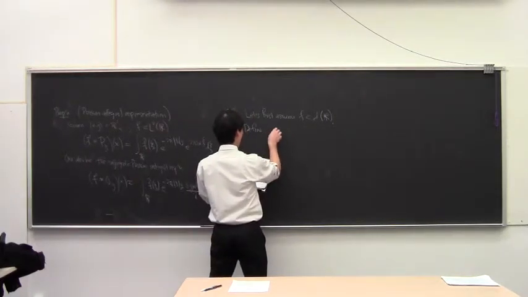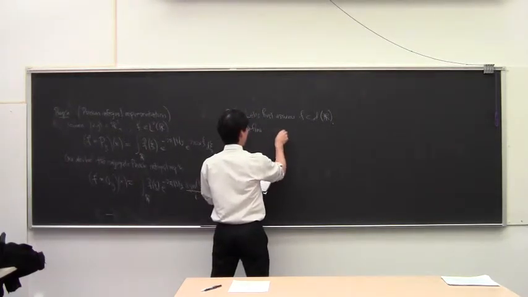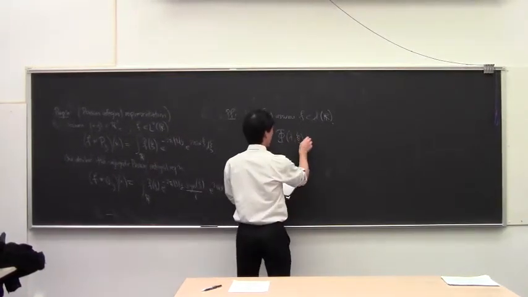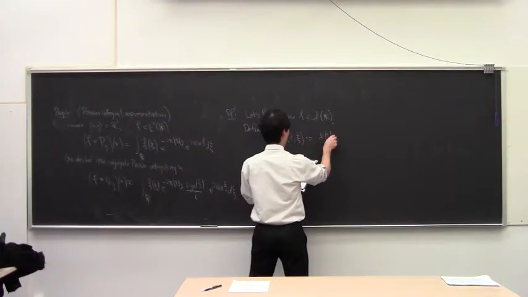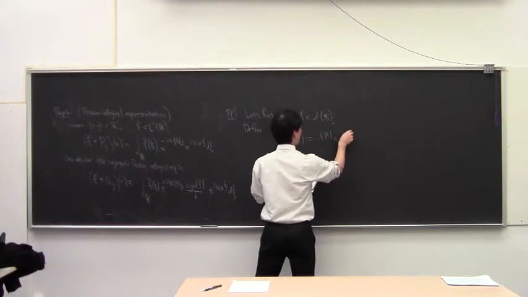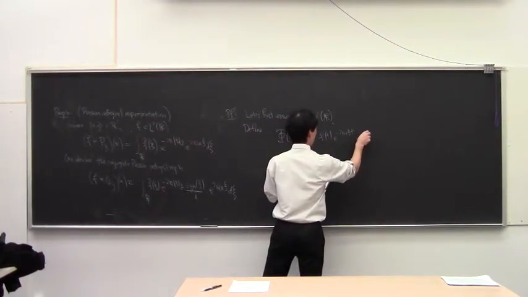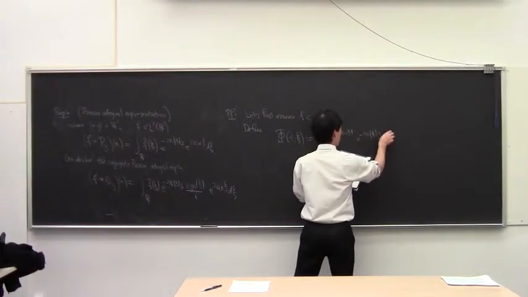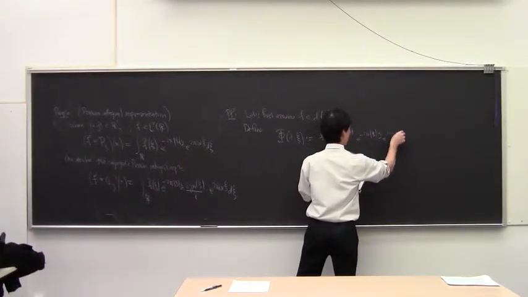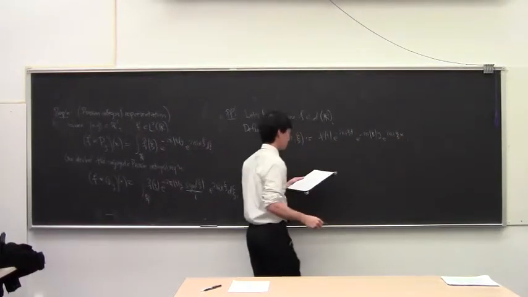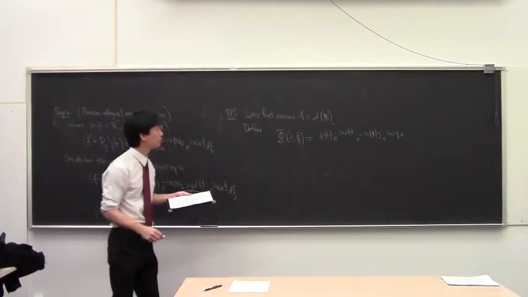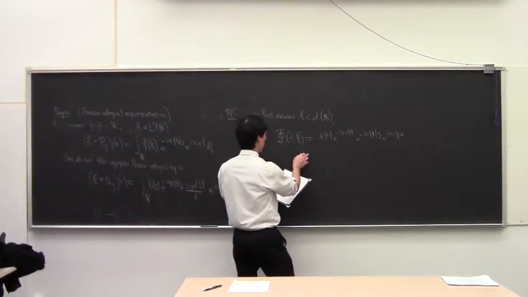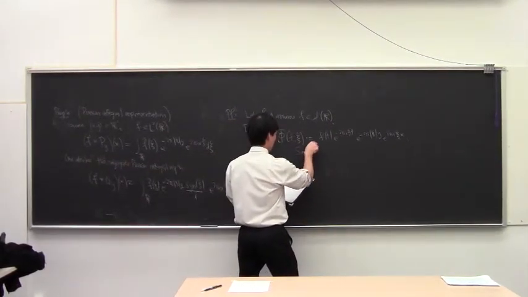You define this function phi as f of t e to the negative 2 pi i c t, e to the negative 2 pi modulus of c y, e to the 2 pi i c x.